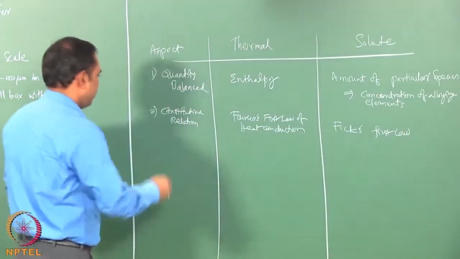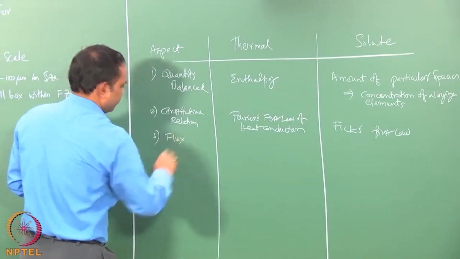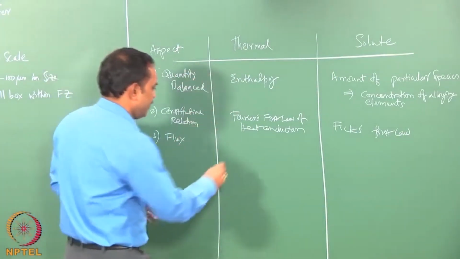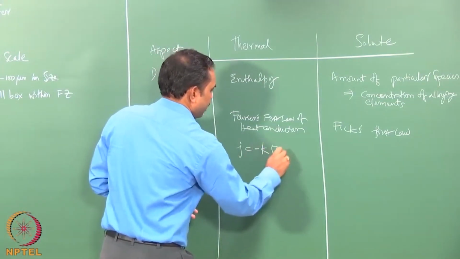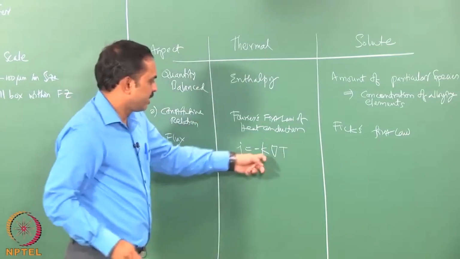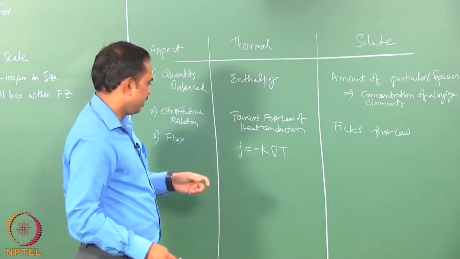Okay. And how would the expression be for the flux? In the case of thermal we write the flux as J is minus K into grad T. So, K is the thermal conductivity, and the gradient of temperature gives rise to the heat flux.